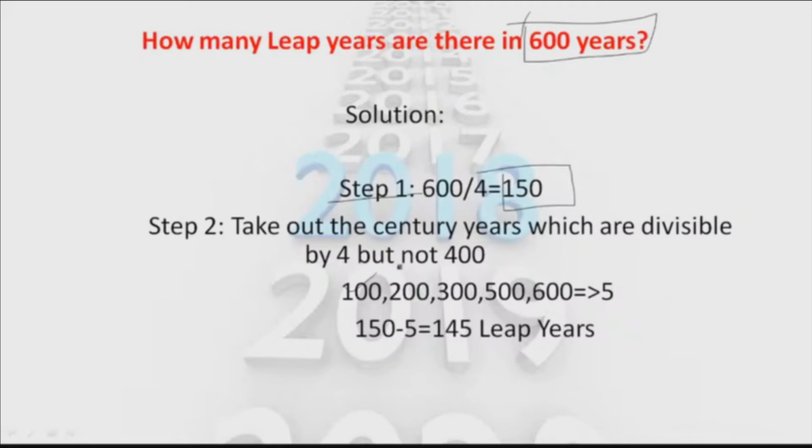So 6 century years. Out of these, how many are non-leap years? You have 1, 2, 3, 400 is a leap year, do not count it, 500, 600. So you have 5 non-leap century years, right? So 150 minus 5 will give you the number of leap years in 600 years.